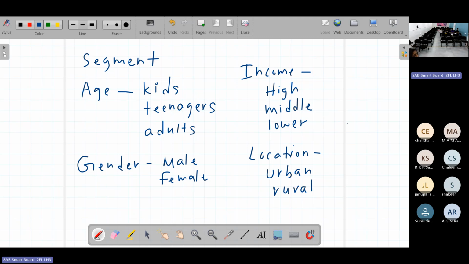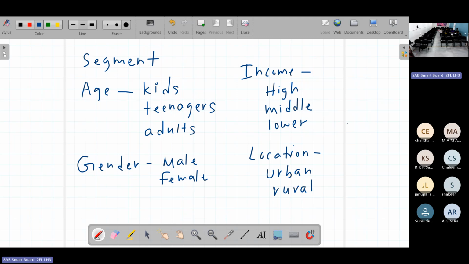In terms of age, there are 3 segments. In terms of gender, we have 2, income level 3. In terms of location, we identify urban and rural areas. That is what we call segmenting. We are going to categorize them into different categories.